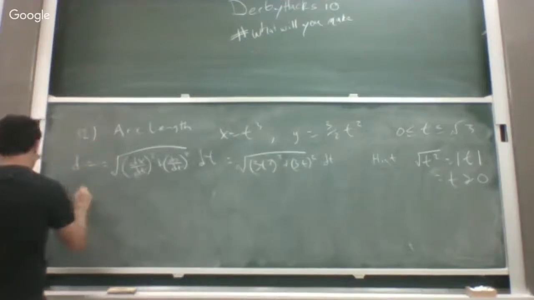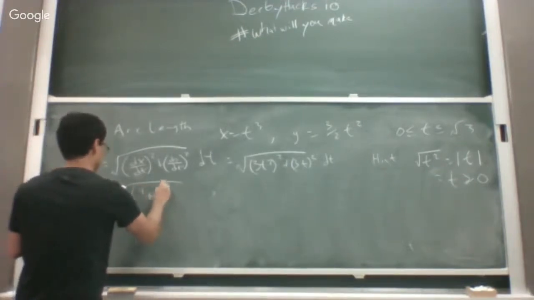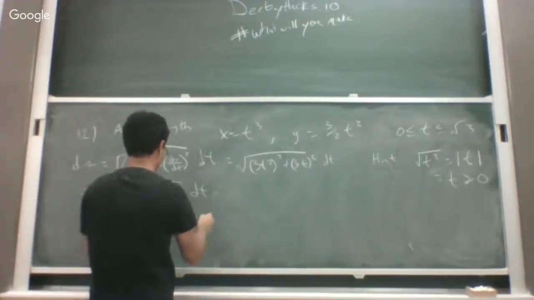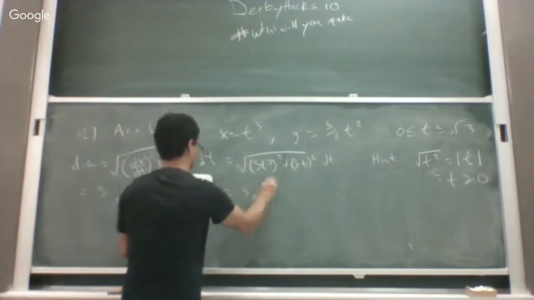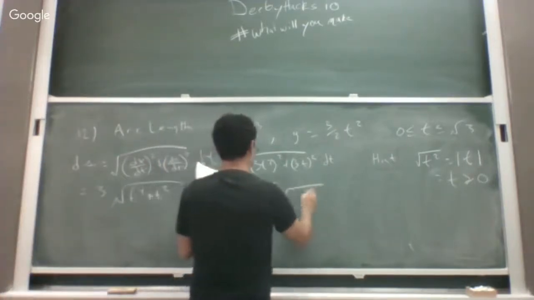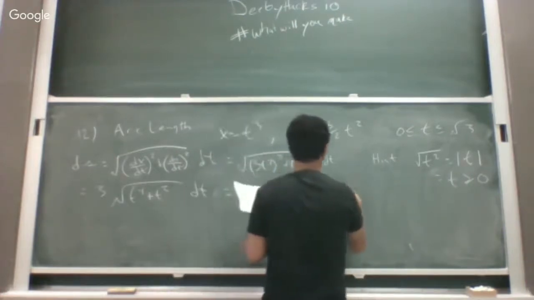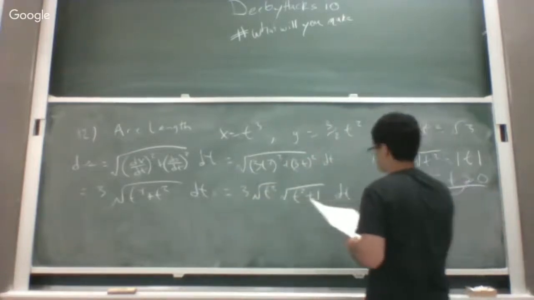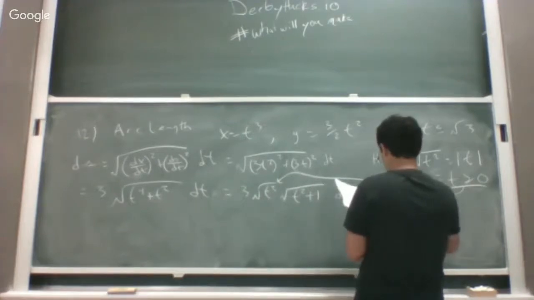That's equal to 3 taken outside times the square root of t to the 4th plus t squared dt. And then we can still take out a t squared from this. So it's 3 square root of t squared times square root of t squared plus 1 dt. That will give us an actual value, but since they tell us it's greater than 0, that's equal to 3t times t squared plus 1 to the 1/2 power.